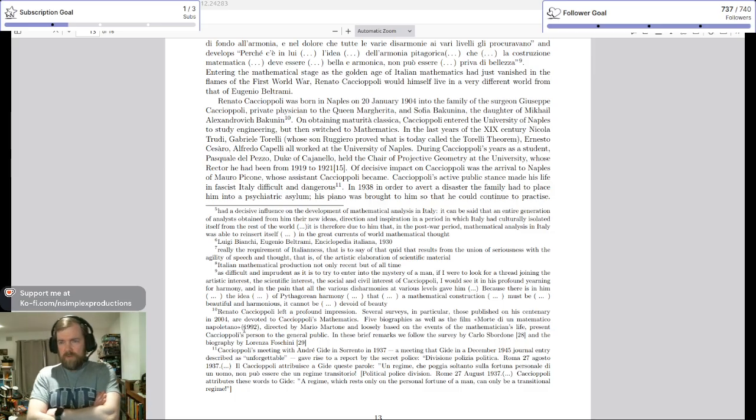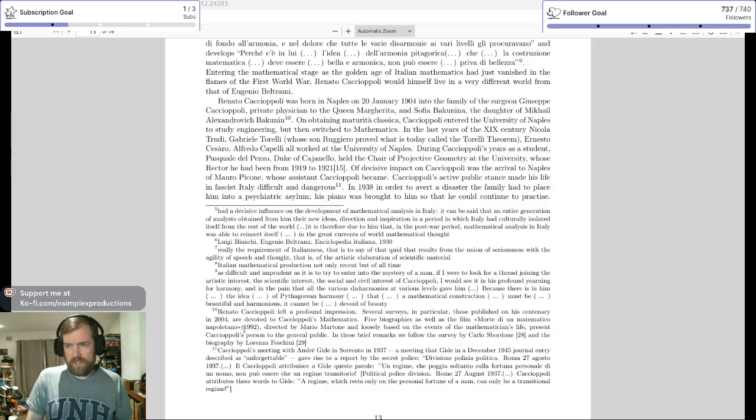On obtaining Maturita Classica, Cacciopoli entered the University of Naples to study engineering, but then switched to mathematics. In the last years of the 19th century, Nicola Trudi, Gabriele Torelli, whose son Ruggiero proved what is today called the Torelli Theorem, and Ernesto Cesaro, Alfredo Capelli, all worked at the University of Naples.